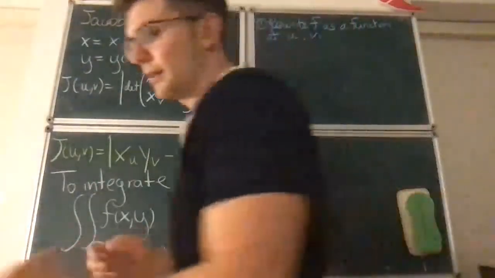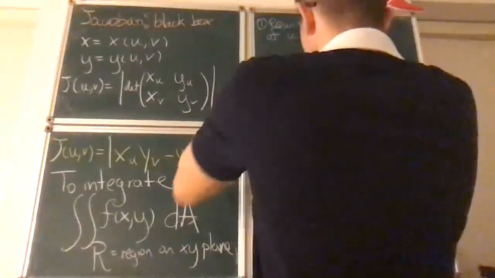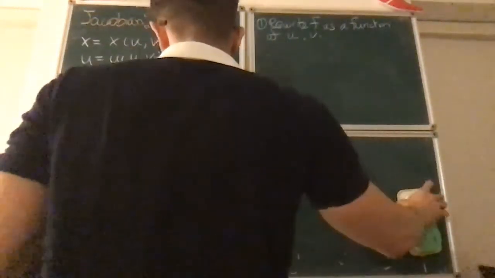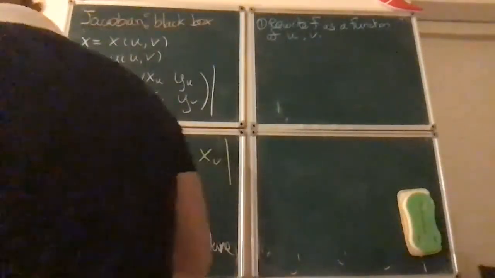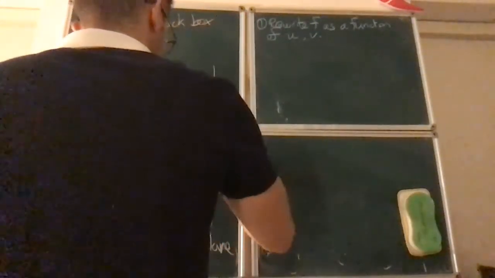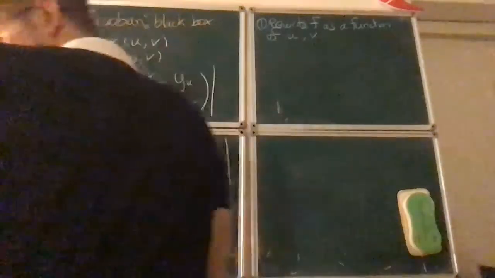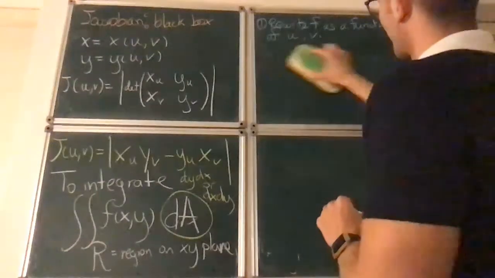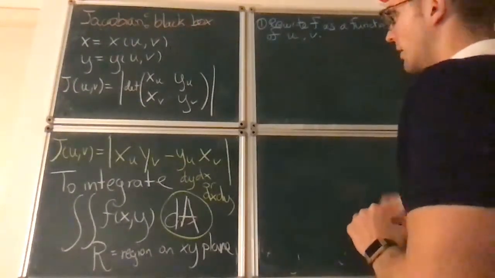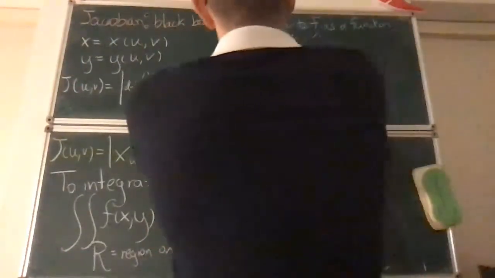And then let's say you put here this is the dA, you should think of it as being dy dx or dx dy. And then you have to find the bounds of the region in terms of u and v.